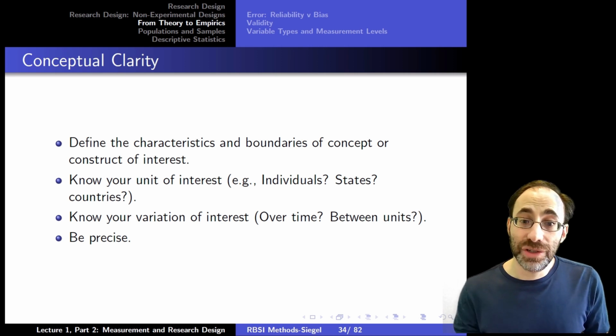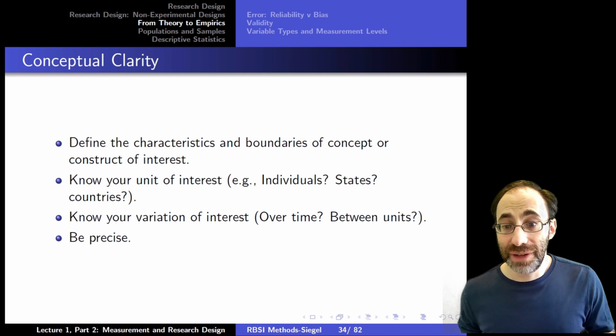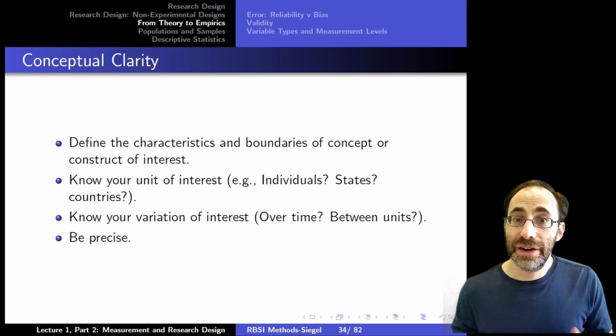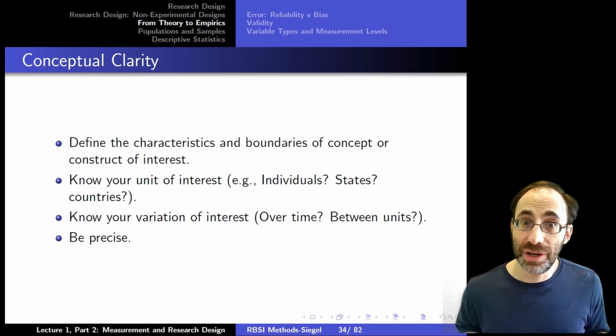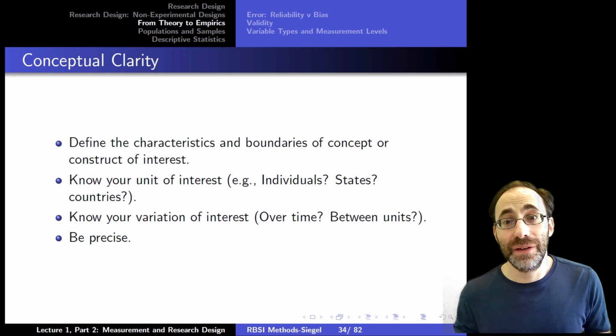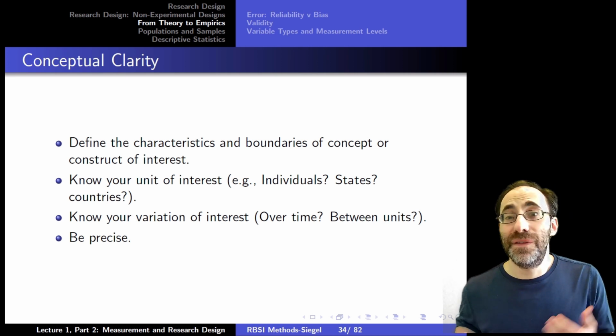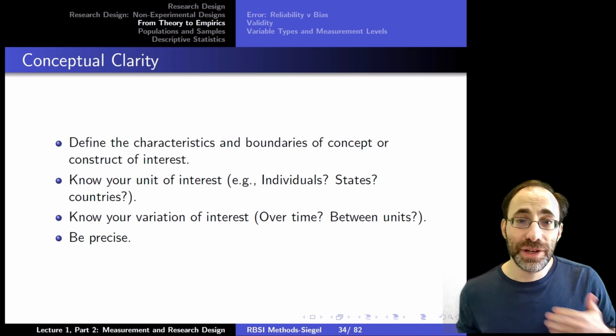To do that, you need to know your unit of interest. We're talking about measurement at the individual level, at the state level, at the country level, and how those things vary. Are they varying over time or between units, right? Time series or cross sections, right? And overall, be very, very precise. It's very important to have a very clear conceptual definition before you start figuring out which measurements might be the best for your particular concept.